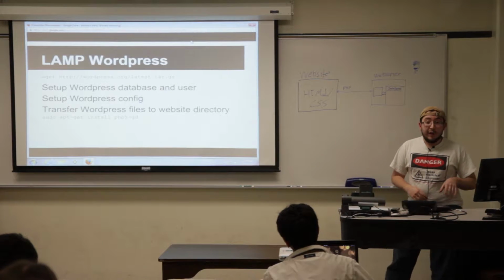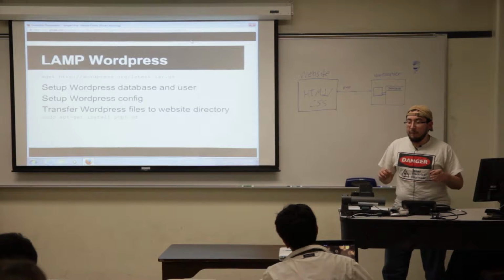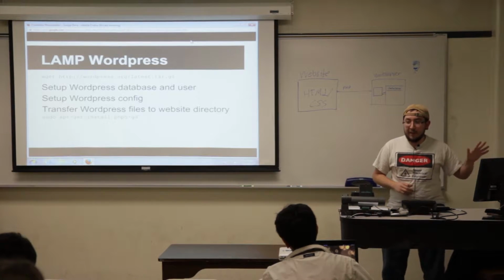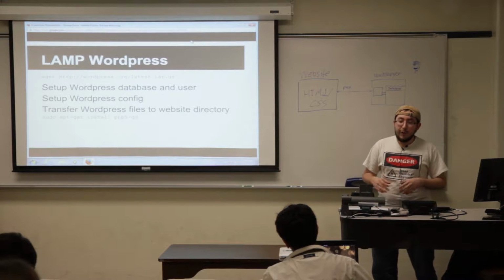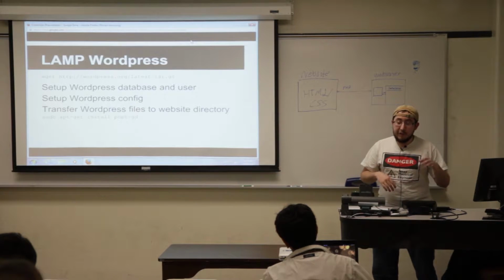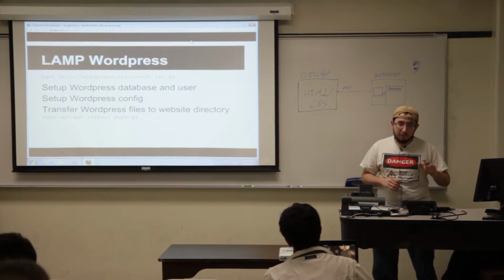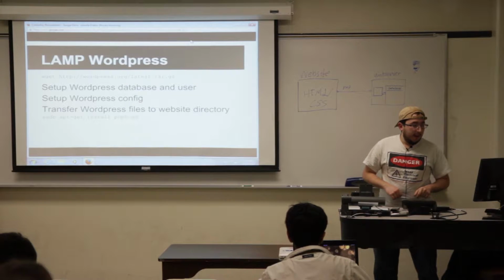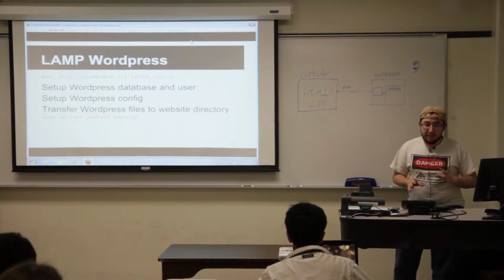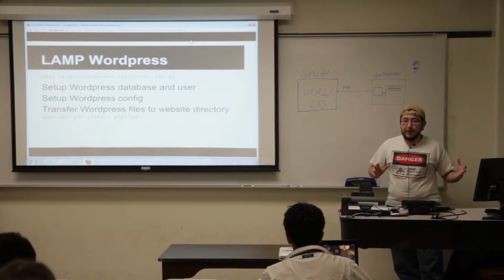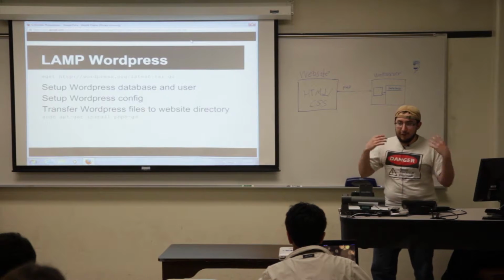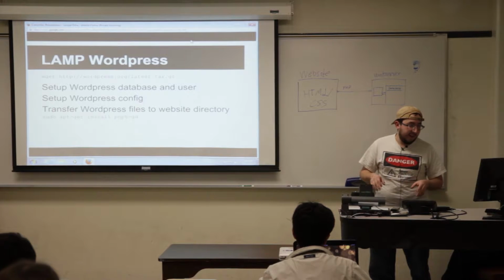Then you need to either go through PHPMyAdmin and set up the SQL database there, or use the MySQL root shell. Then you have to set up the configs and whatnot. Then transfer the WordPress files to the website directory.